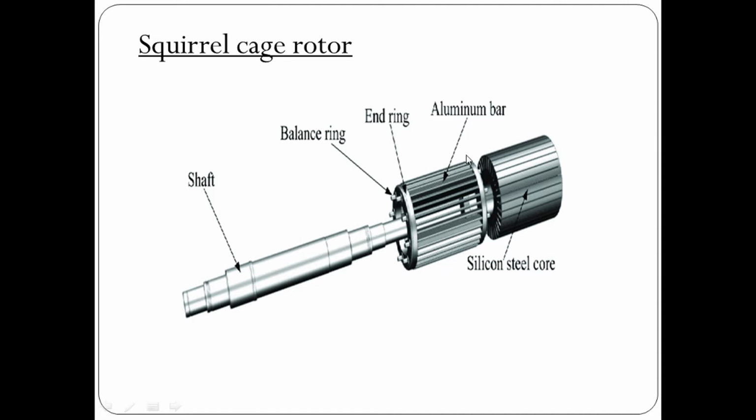This is an aluminum bar or copper bar where the conductors are placed. This is an end ring where all the conductors are short circuited to each other. This is a balance ring, this is a shaft, and this is a silicon steel core. So this is a typical squirrel cage rotor.